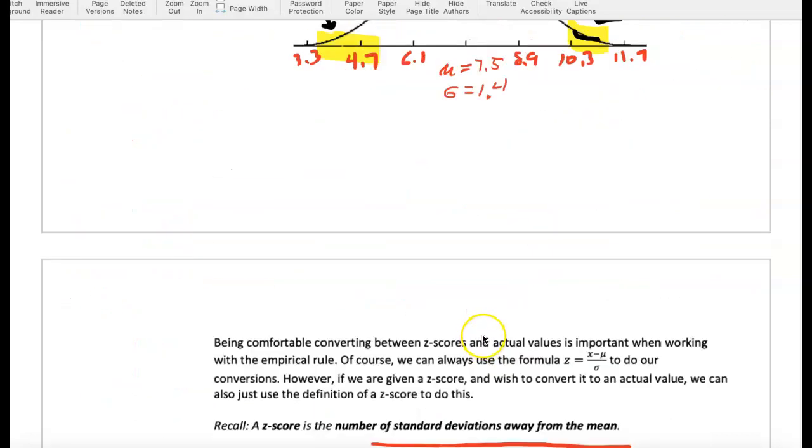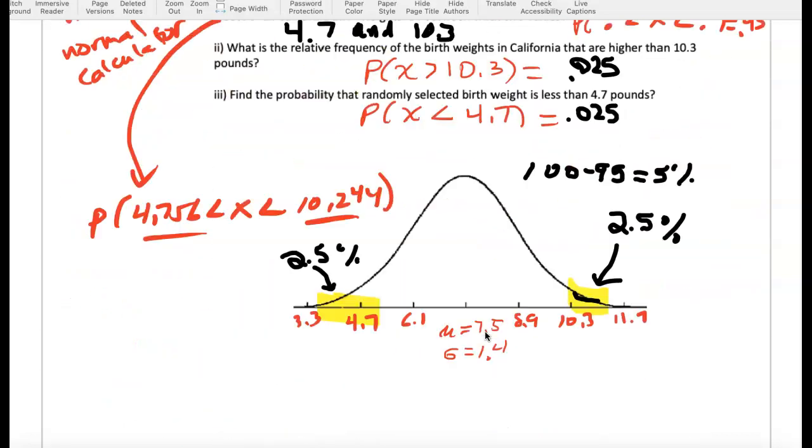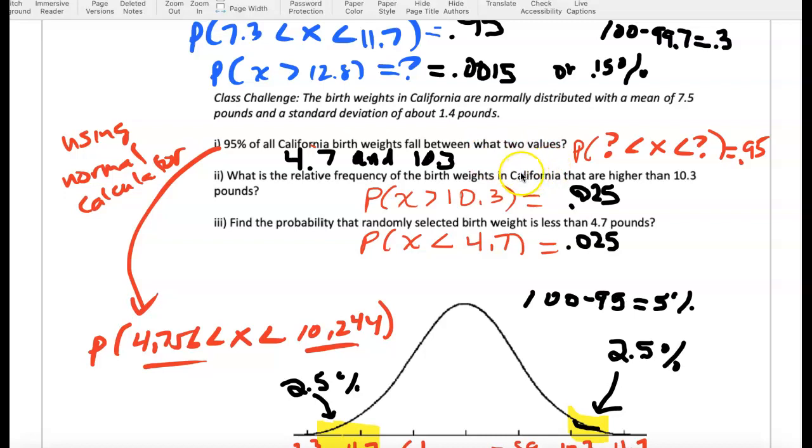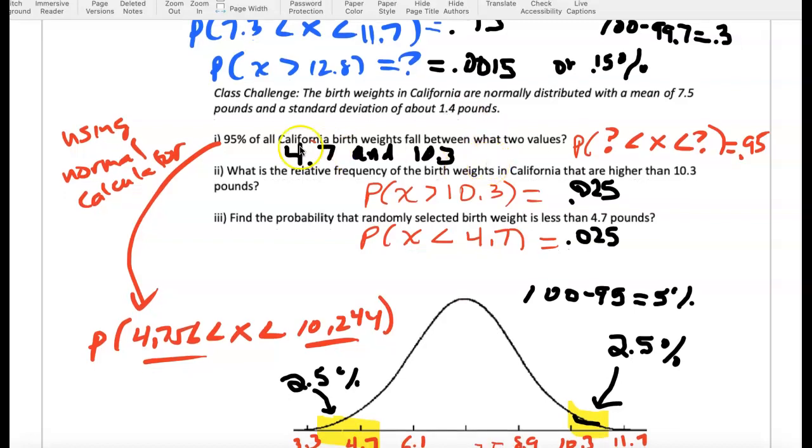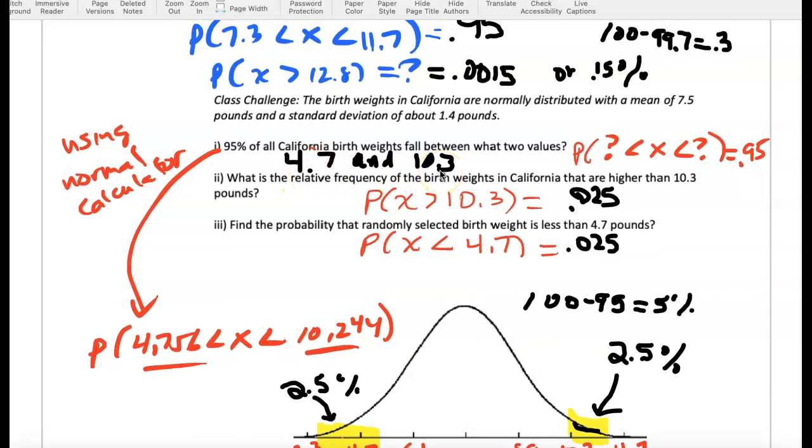And then as we think about this class challenge, you could take a look: 7.5, with a 1.4 standard deviation. These are birth weights. 95% is going to be between these two numbers, 4.7 and 10.3. Again, 95% because it's 2 standard deviations.